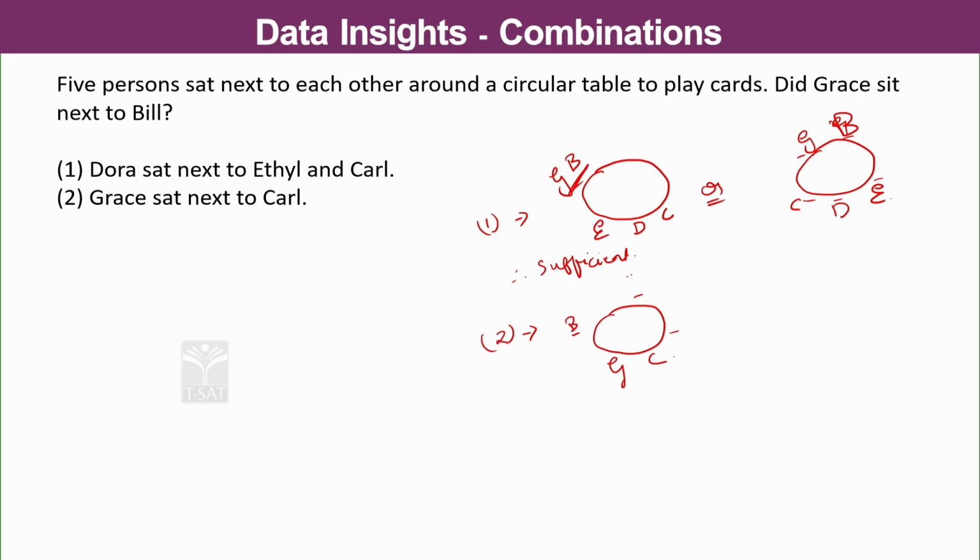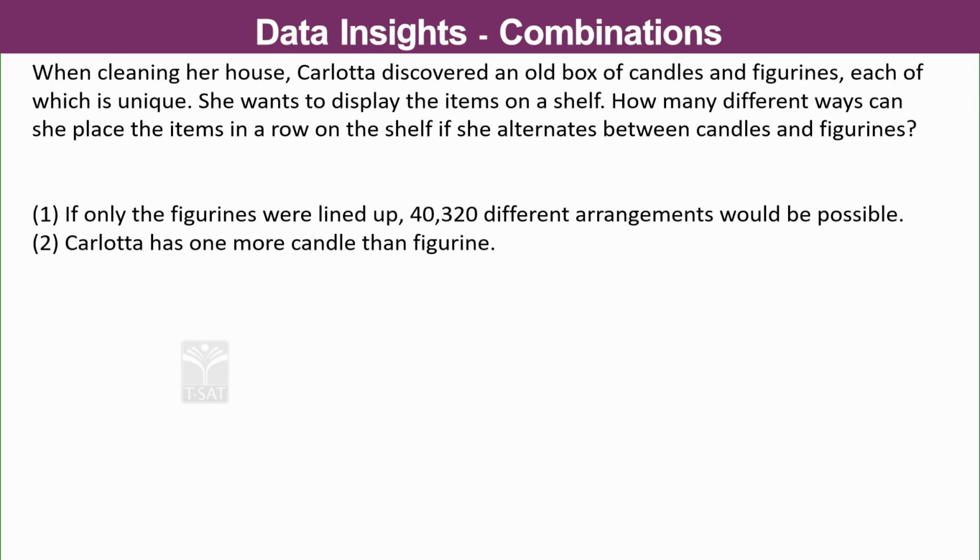Bill can be here, here or here, so you cannot definitely say whether Bill is next to Grace or not. Therefore this is not sufficient. So the answer option is A: statement 1 alone is sufficient to answer the question, but statement 2 alone is not sufficient. Let's move to the next question now.